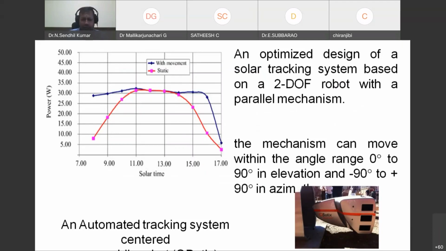So tracking is another role. We have to track the sun from different orientations, from 0 degrees to 90 degrees, in elevation and azimuth angle. These are the two angles. If you use this, it will accurately track the sun, and then our power production will be more.